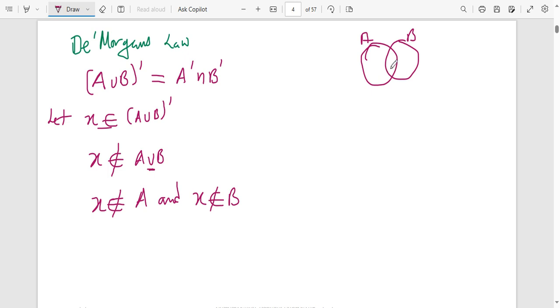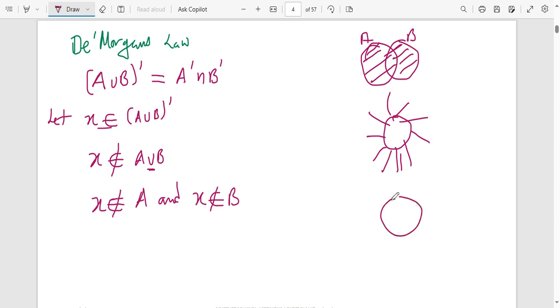A union B is everything inside here and inside here. So if we say that X is not a member of A, it means everything outside A is what we are talking about. And then X is not a member of B. Look at this.